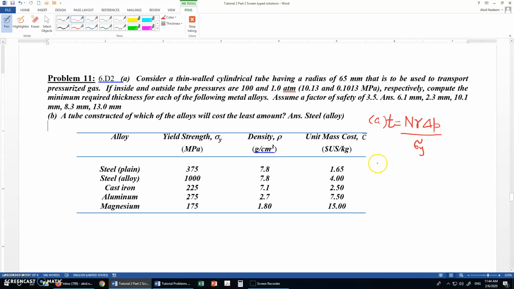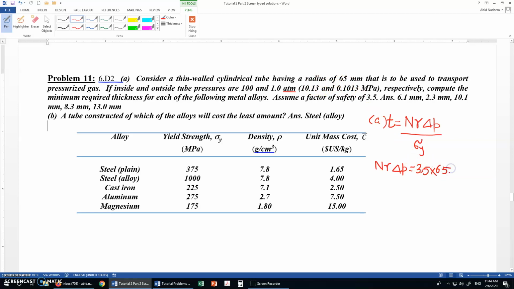So n is equal to 3.5, the factor of safety, r is the internal radius, and delta p is the change in pressure. The internal radius is 65 millimeters.